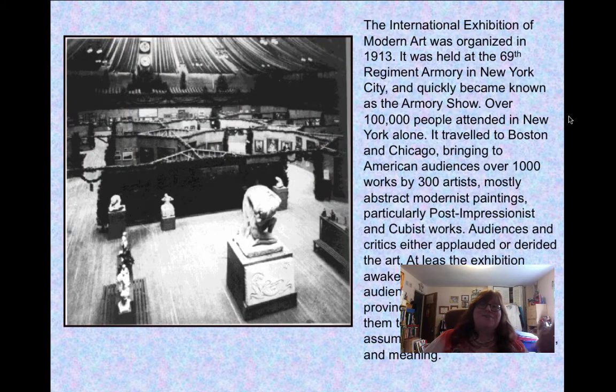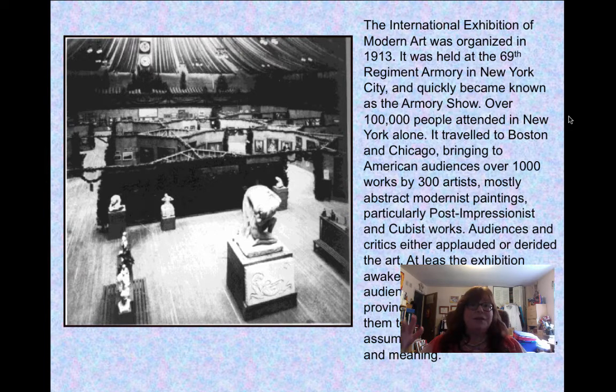All right, so this is important because this show that is referred to in this slide, what you can see here, looks like a huge, huge space, and in fact it was. This was held in the Armory in New York City, the 69th Regiment Armory, and it became known as the Armory Show.